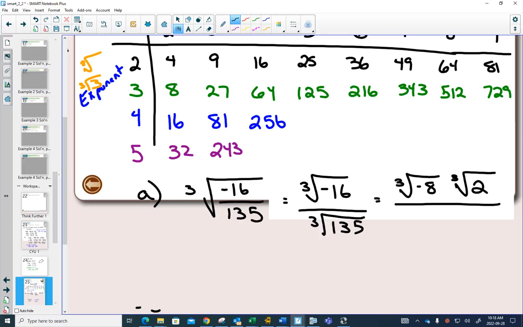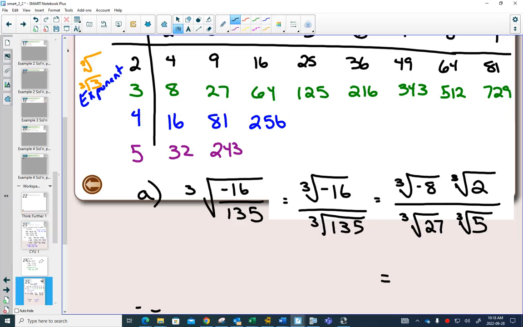Does 27 work? Might have to go to our calculators. 27 times 5, right? So we would have the cube root of 27 times the cube root of 5.